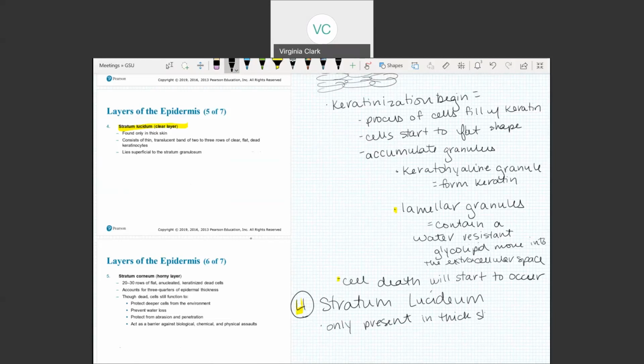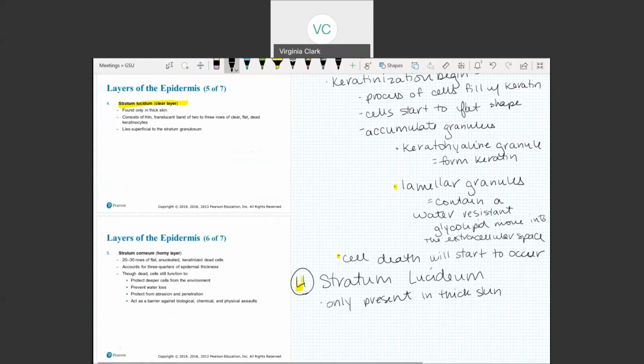So your thin skin doesn't have this particular layer. Stratum lucidum is a very thin, translucent layer. It's only a couple cell layers or rows thick, the very clear, flat, dead skin cells. So it essentially looks like a clear layer. It's very, very small. And that's really what we're going to talk about it.